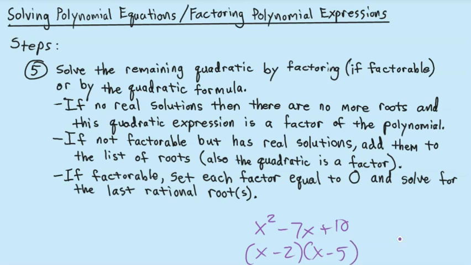And so you're going to take x minus 2 and x minus 5 separately. You're going to set each one of the 2 factors equal to 0. So you'll set x minus 2 equal to 0 and x minus 5 equal to 0. And then for each one, you will solve for the rational roots, which in this case would be 2 and 5.